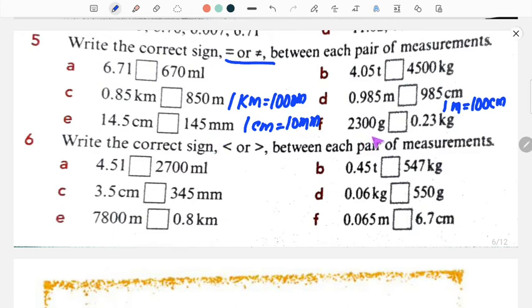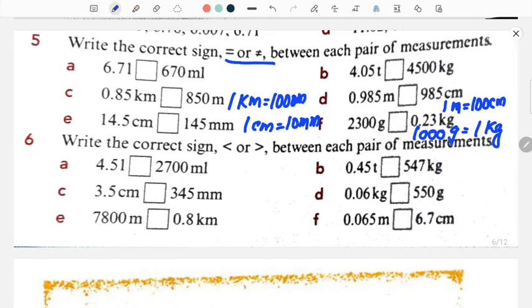Next is 2300 gram and 0.23 kilogram. Change gram to kilogram. Here we are changing the smaller unit to the larger unit. 1000 grams equal to 1 kilogram. So to change grams to kilogram, divide by 1000.